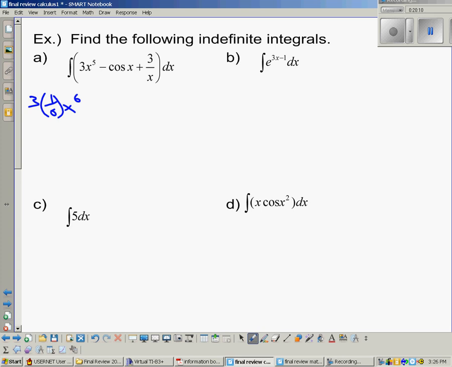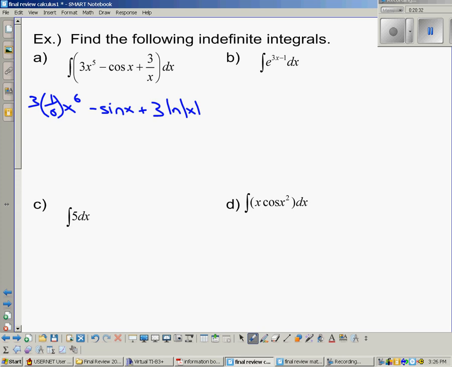Okay. Integral of cos is sine. So we'd have minus sine x plus the integral of 3 over x is the ln of, ideally, absolute value of x, or just ln x.